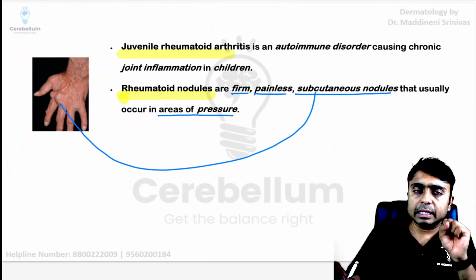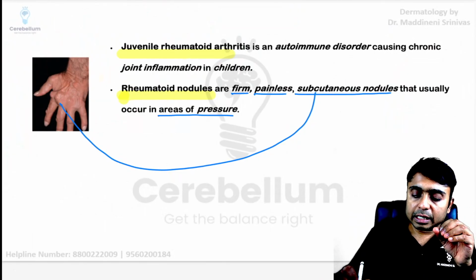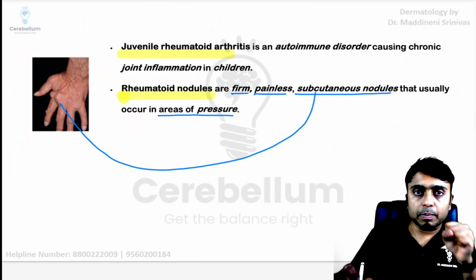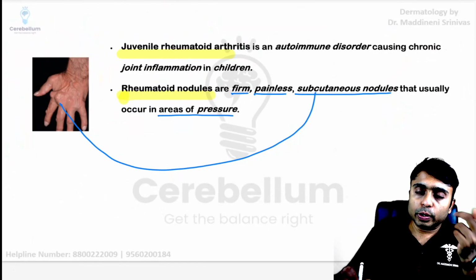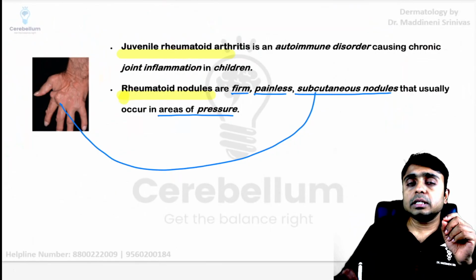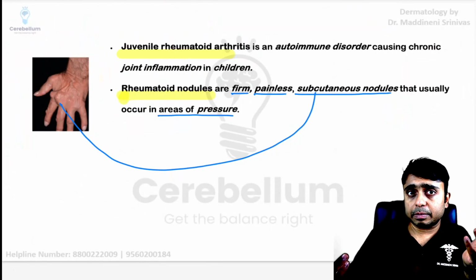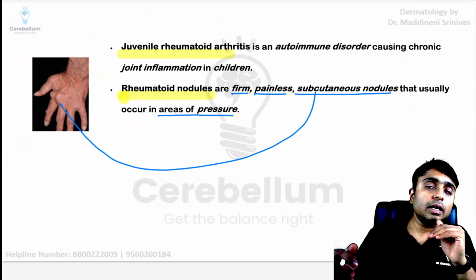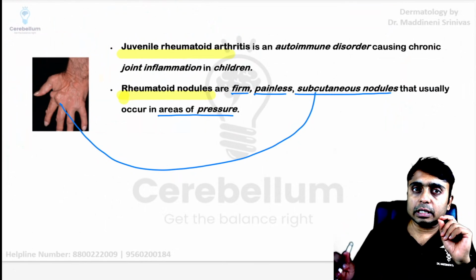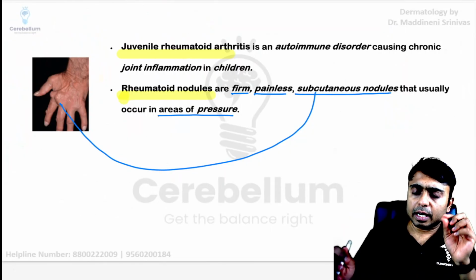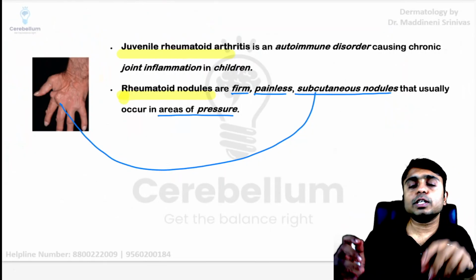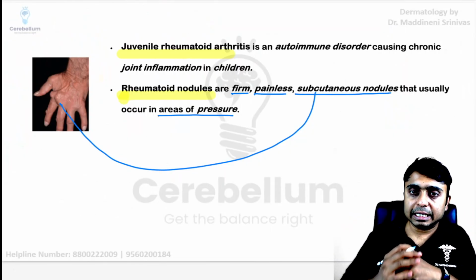So in the hands, these are the areas where more pressure is applied while working during daily activities. This is the description of the rheumatoid nodules. If in future the examiner asks you about these nodules, you know how the description is going to be. They are painless nodules present over the pressure-bearing sites of the upper limb.